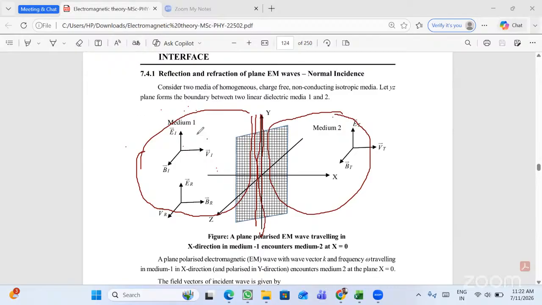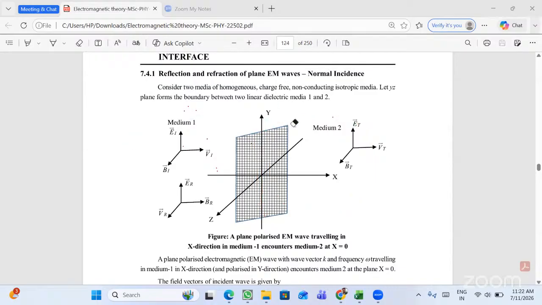If I draw here, in this direction it is incident, some part will be reflected back, and some part will be transmitted, otherwise called refracted. So this is the incident wave, this is the reflected wave, and this is the transmitted wave. By taking this into consideration, we are going to study the reflection and refraction of electromagnetic waves at the interface.